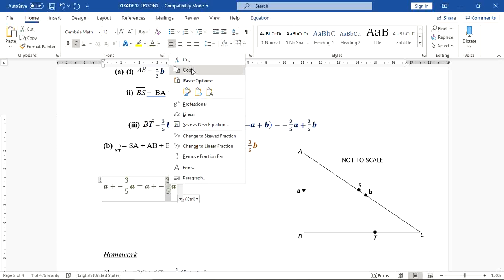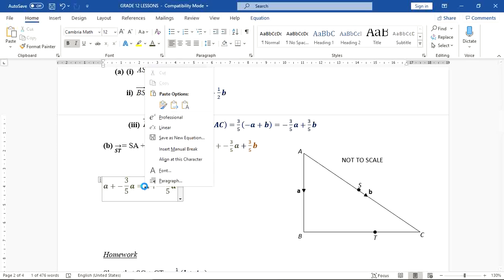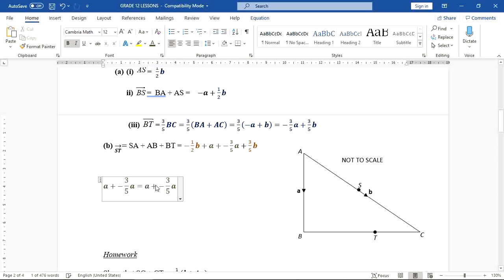We are trying to achieve the same denominator. That's why I've said for you to be good at this topic, you should know how to manipulate fractions. So why 5 over 5? Because there's a 1 here, and 5 over 5 is just 1. If you simplify further, it's going to be 5a minus 3a, which gives us 2a over 5.